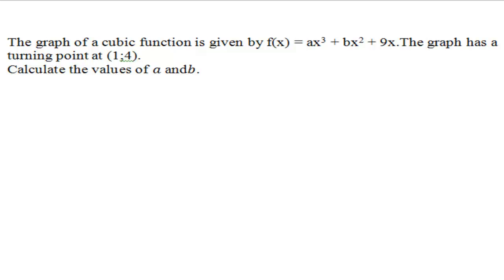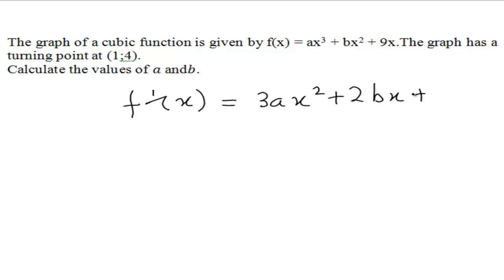Now we must always remember the turning point can be used for two purposes. One is the derivative and the other is the direct substitution of the coordinates. So if we take the derivative in the first instance, you will get f prime x is equal to 3ax squared plus 2bx plus 9.